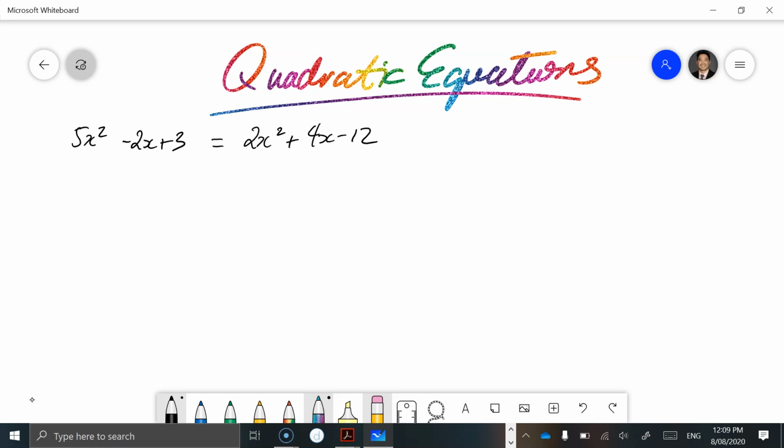For this particular purpose, I just want you to revise your balancing of equations. We're going to put everything on the left-hand side, and obviously, the moment that we get rid of everything on the right-hand side, that equates to 0. So I'll show you what we're doing here.